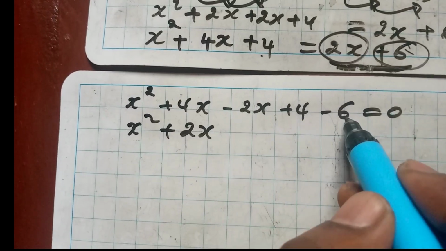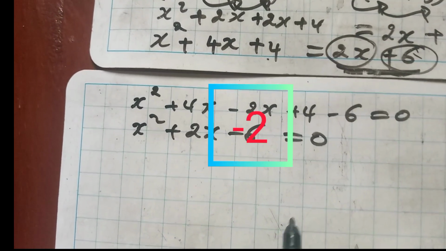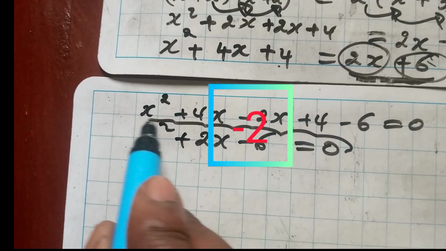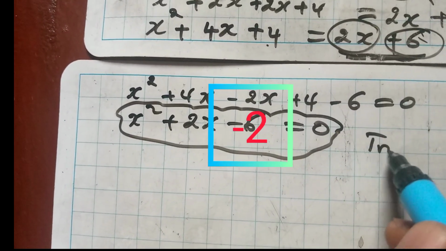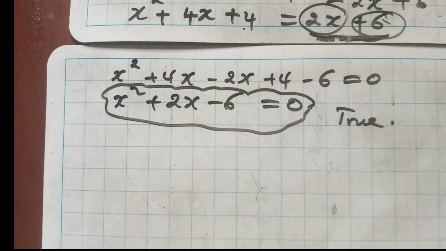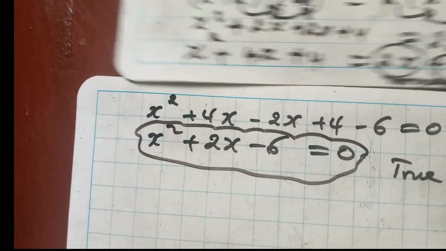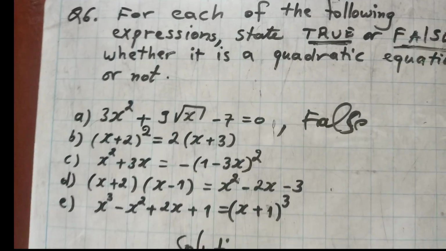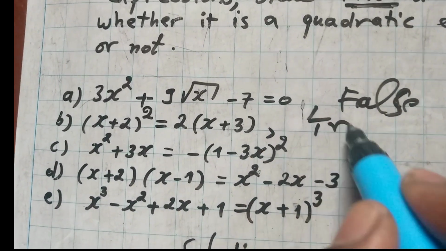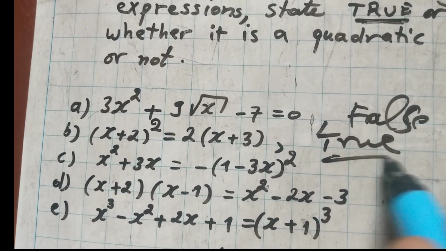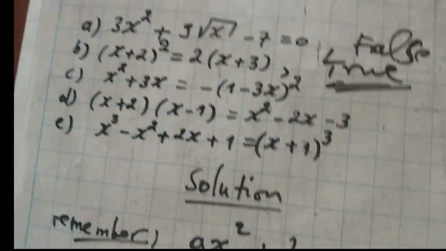Plus 4 minus 6 is equal to negative 2, which is equal to 0. Now, this one is a quadratic equation. So the expression we have here, number B, is true.